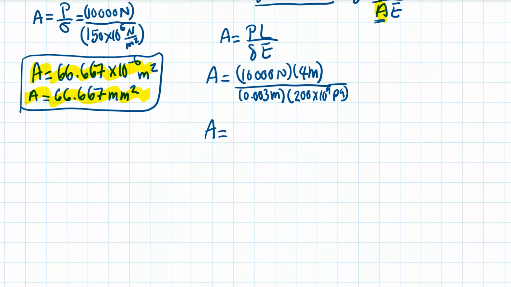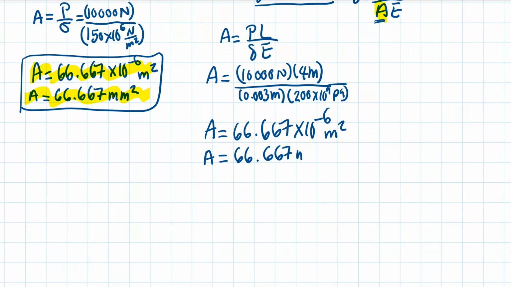Area will equal 66.667 times 10 to the power minus 6 meters squared, or we can say 66.667 millimeter squared.